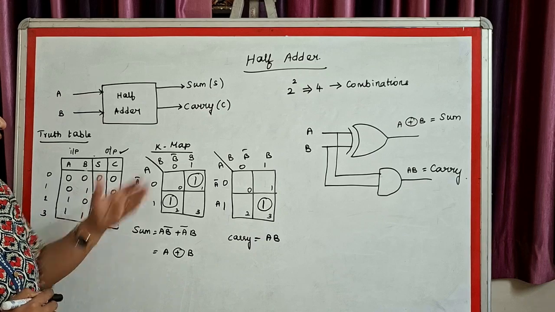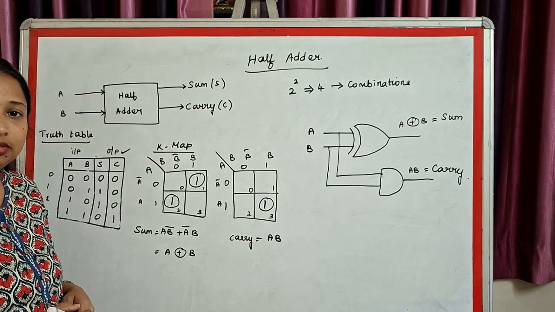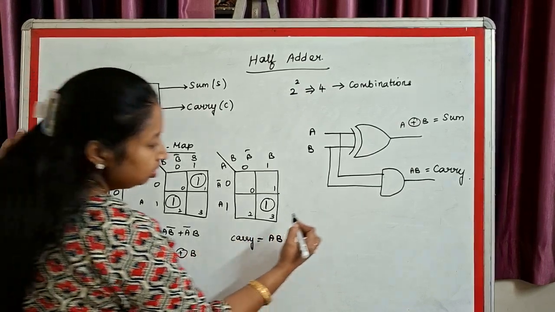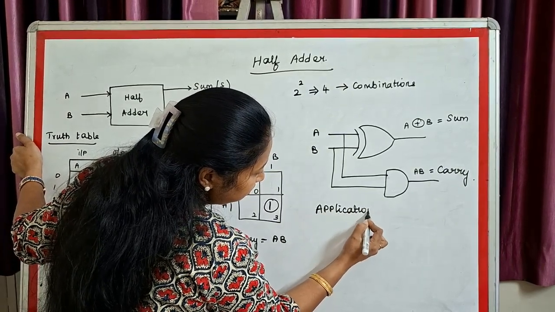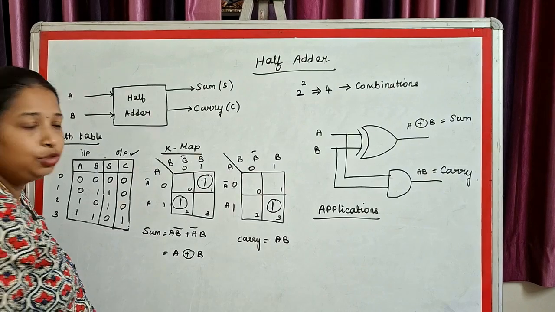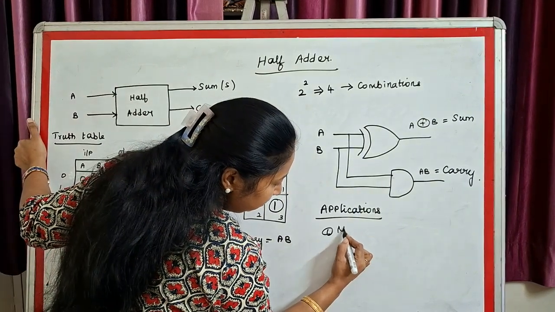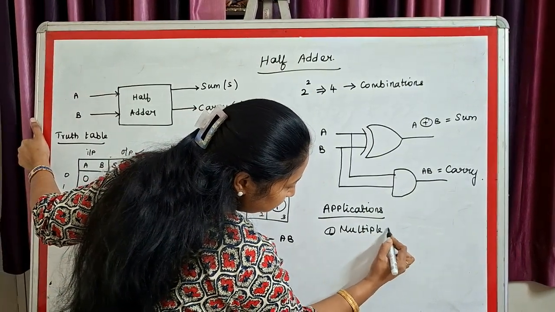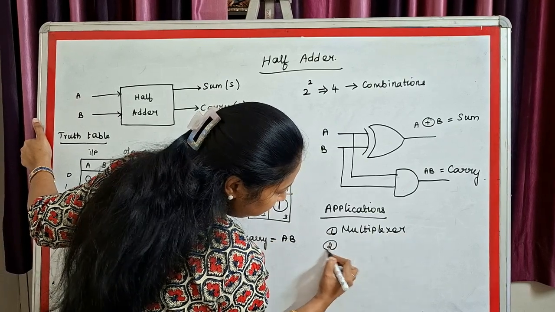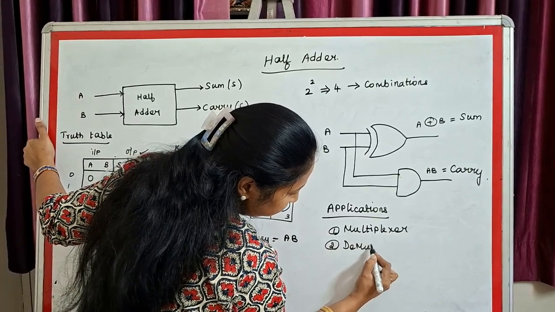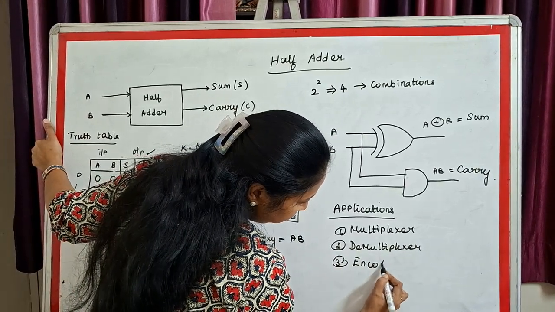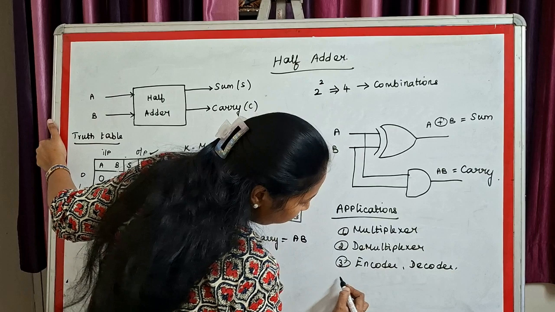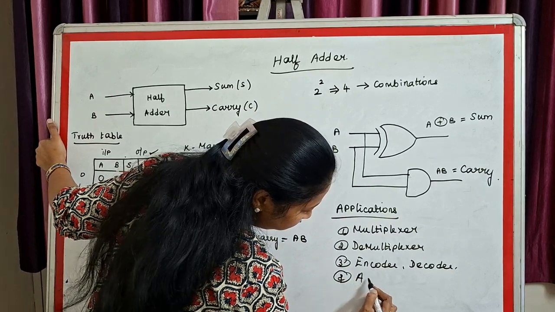Is it clear? Where do you use this half adder? Can you give me some applications where you'll be using the half adder? You'll be using half adders in designing multiplexers, demultiplexers, encoders, decoders, and all the arithmetic circuits will be based on adders.